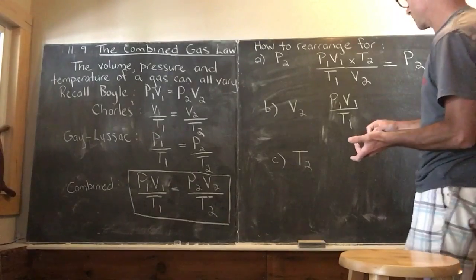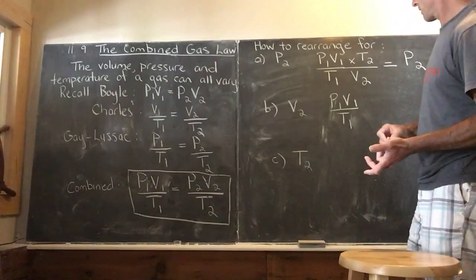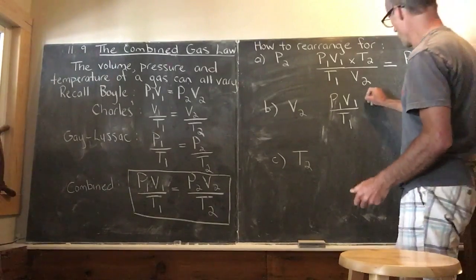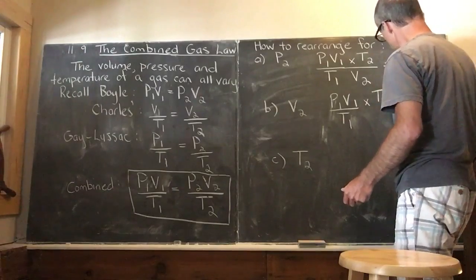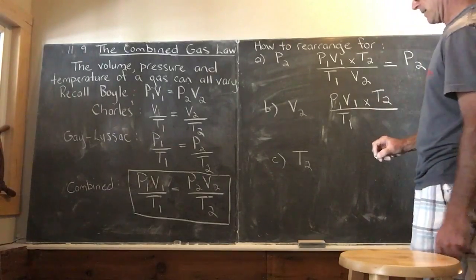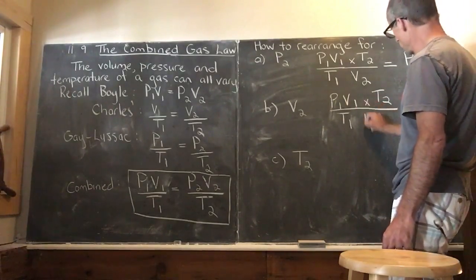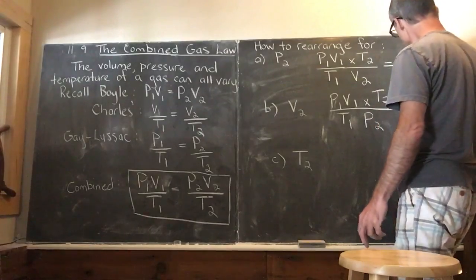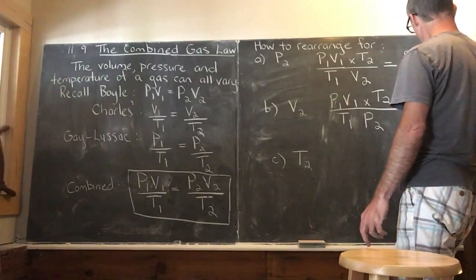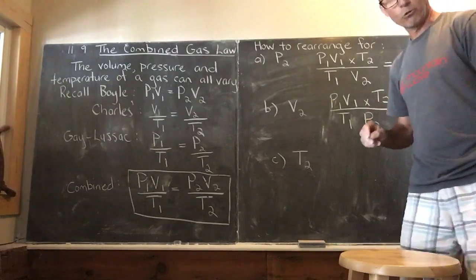So in this case, the T2 is going to be on the top, and the P2 is on the bottom. And that will give us V2.